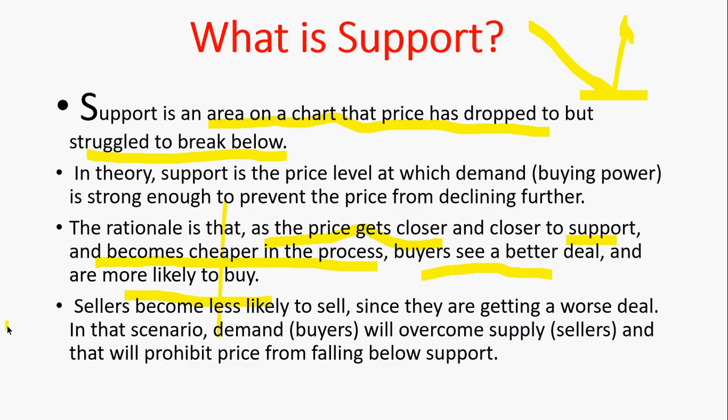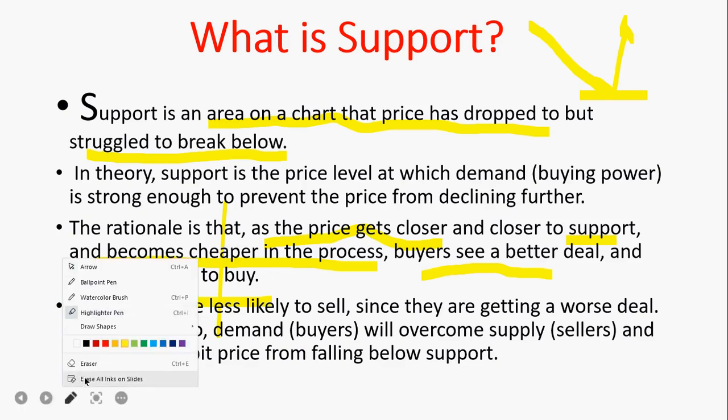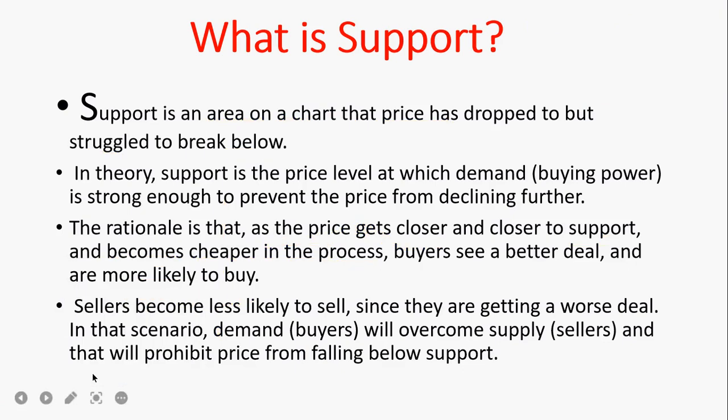So like we have said, support is very, very important when it comes to trading. Now, the opposite happens. When the price is approaching support, buyers will see a better deal.